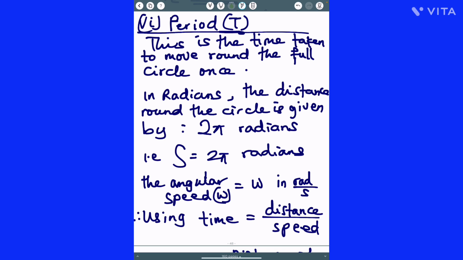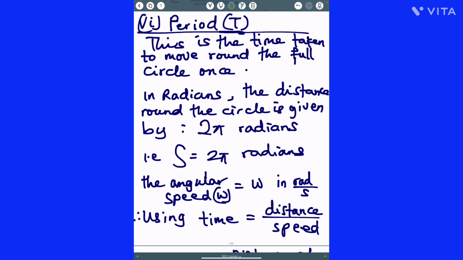Next is the period of an object performing circular motion. Period is the time taken to move around the full circle once. You understand? Period is the time taken to complete one cycle of motion. You can write the English anyhow: time taken to complete one cycle, time taken to move around the full circle once, and so on and so forth.